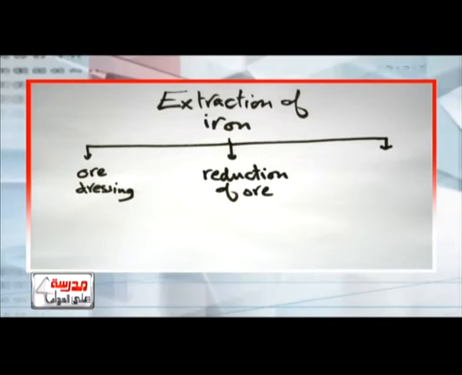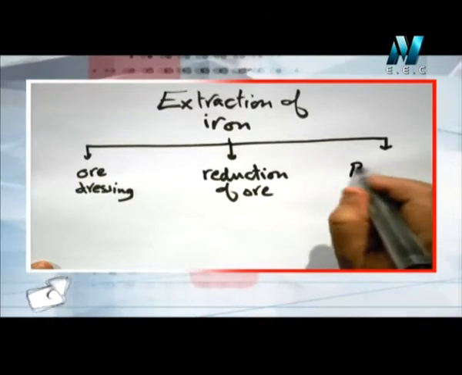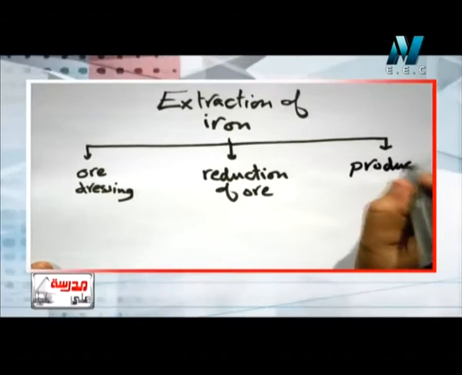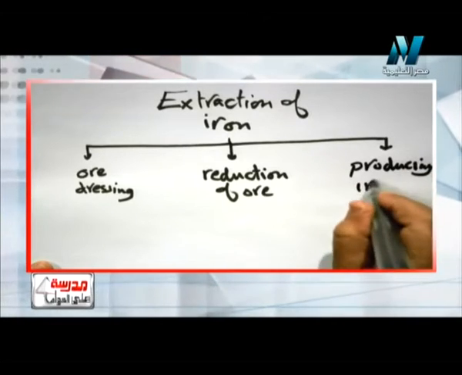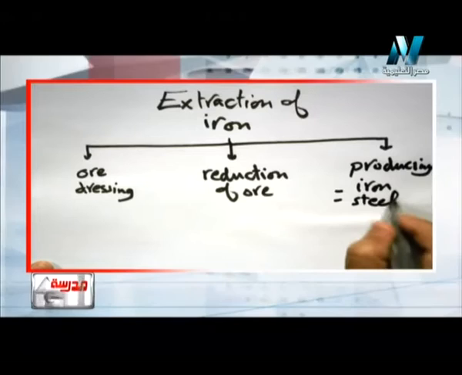The most important ore will be hematite, and all types of iron, as we will see in the dressing, at the end are converted into iron 3 oxide. And the last step, producing different iron, and producing steel.